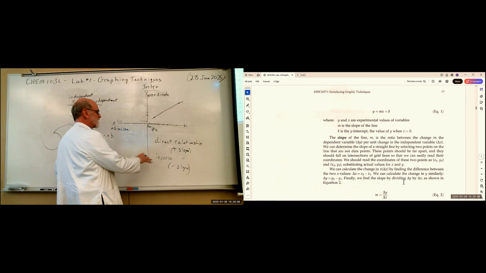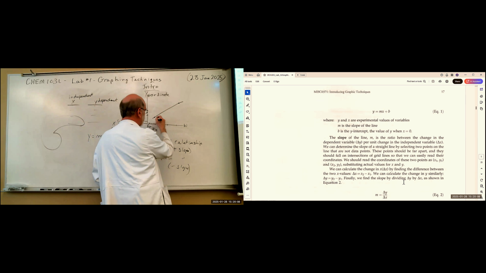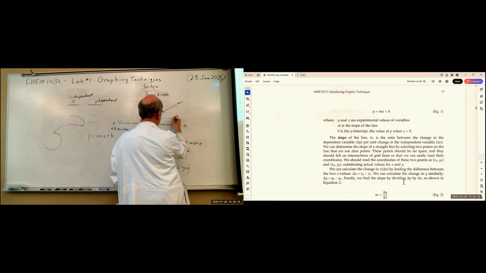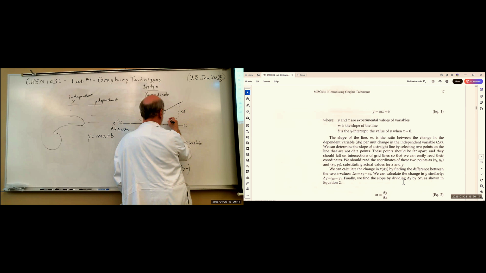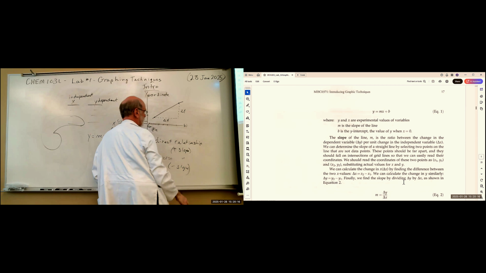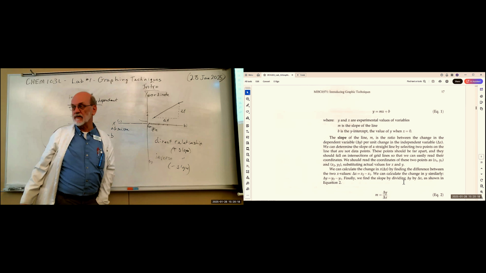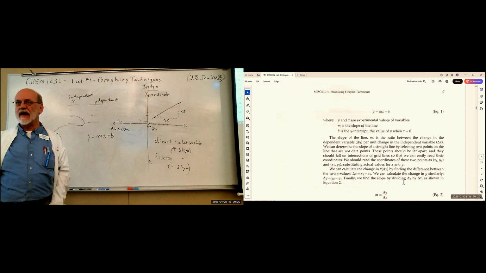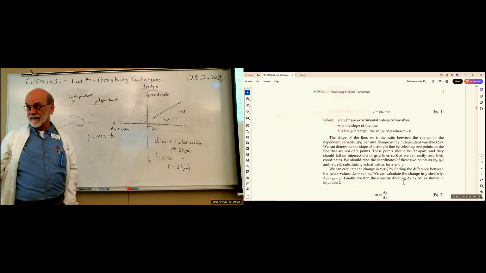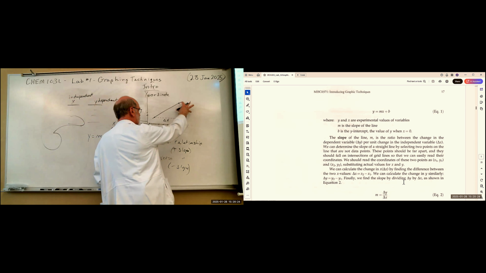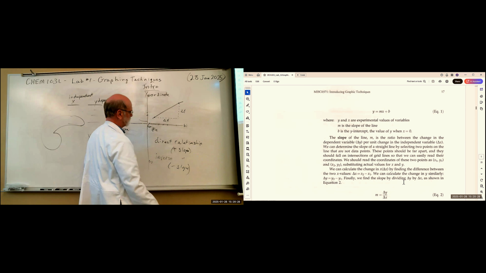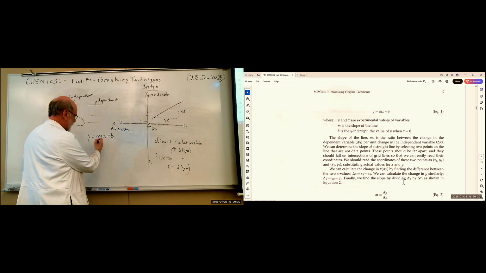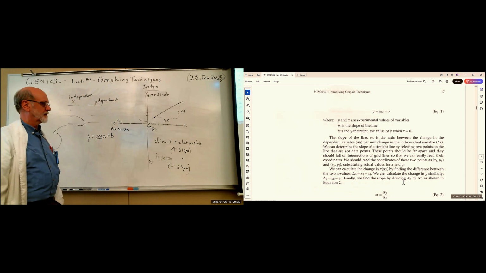Because then all we have to do is take the data from this and determine rise over run. The increase in y divided by the increase in x. That's your slope. Okay. For every unit of this one, every unit of that one, you get so many units of this one. So that's how you calculate slope.